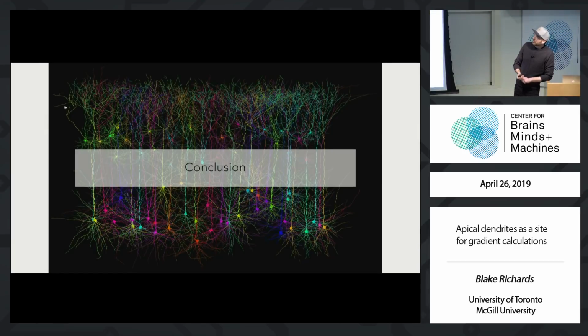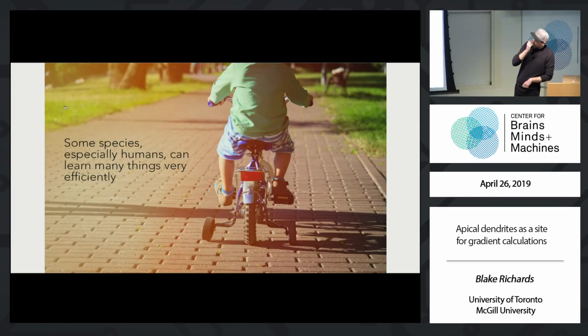But to conclude, I think that it's safe to say that many species, especially humans, can learn many things surprisingly efficiently. And I always find it a kind of funny discussion where people say to me, well, but why would you think the brain does gradient descent? Because neural networks are really poor at learning. Well, you know what's even worse at learning? Things that don't have an estimate of the gradient.